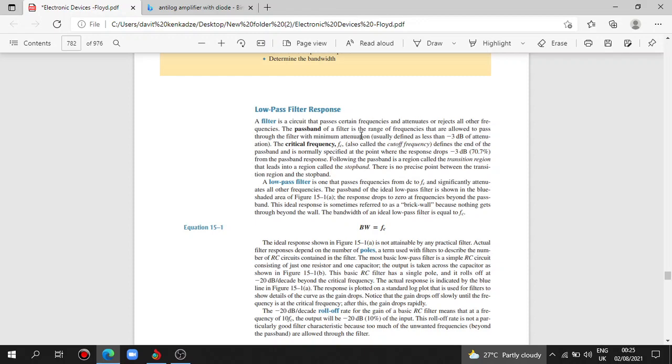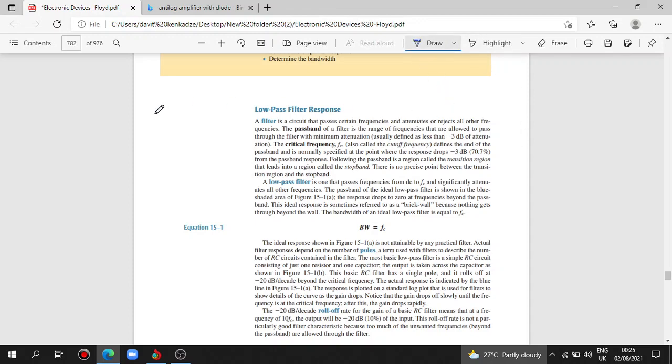The passband of a filter is a range of frequencies that are allowed to pass through the filter with minimum attenuation, usually defined as less than -3 dB at a critical frequency. Passband is normally specified at the point where the response drops to -3 dB from the passband response.